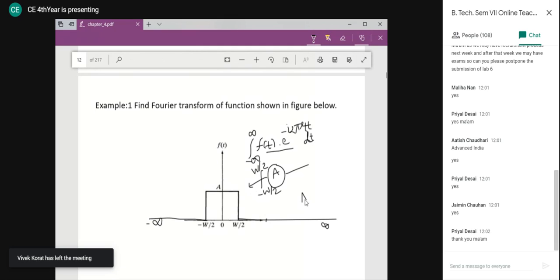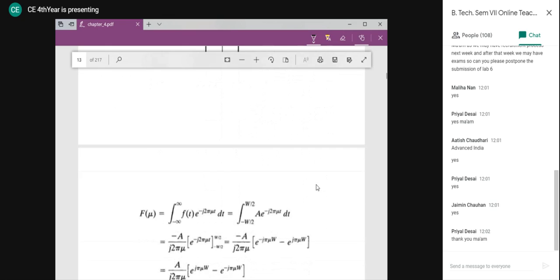So it will be a, then the integral from minus w by 2 to plus w by 2 of e raised to minus j 2 pi mu t dt. Now do this integral, substitute the limits and give me the final answer. Quick, what will it be?